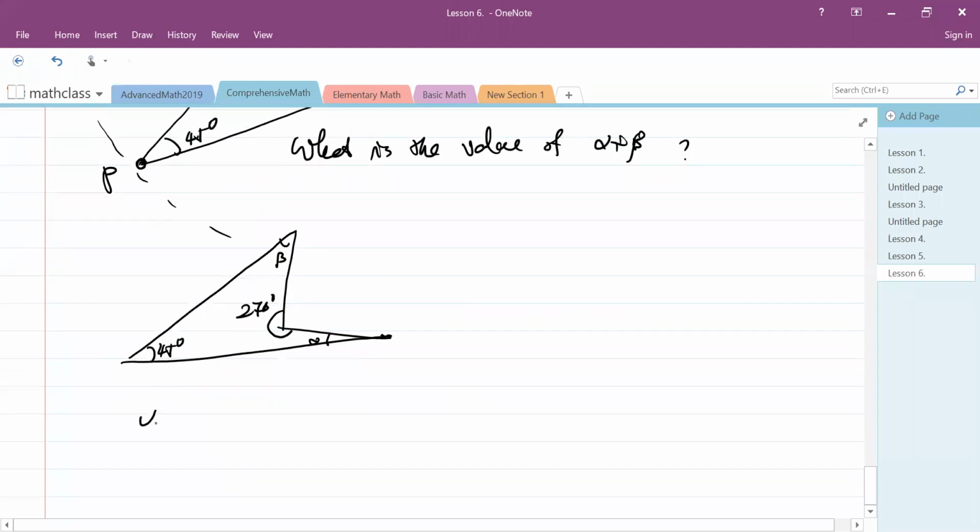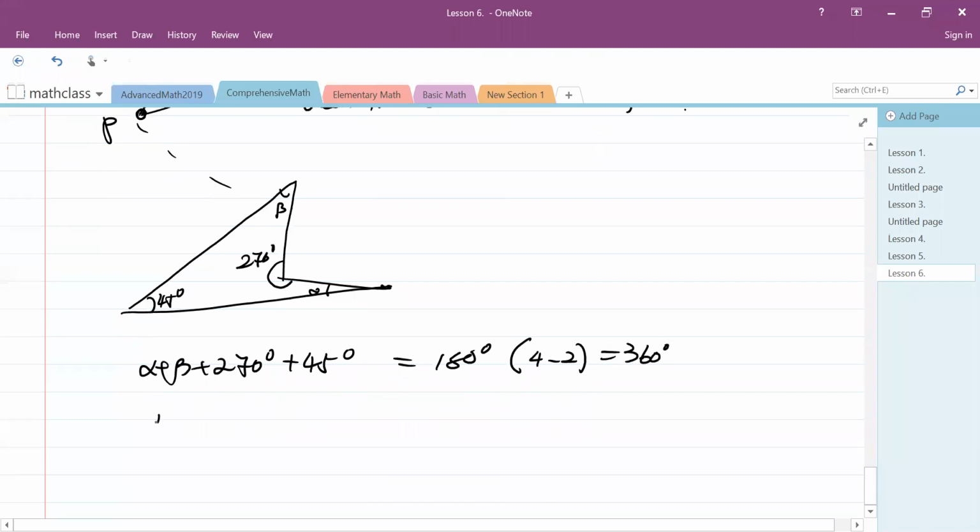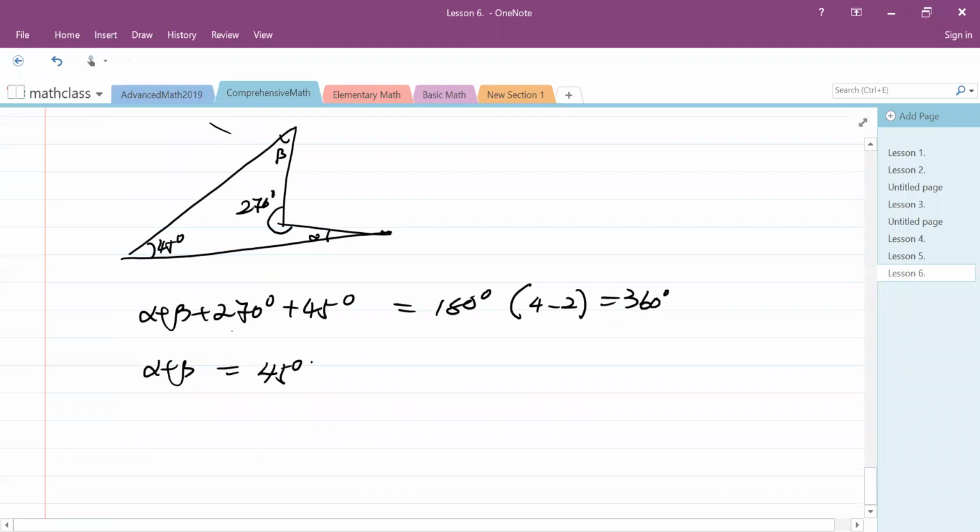The sum of these angles is 180 degrees times (4 minus 2) because n equals 4, so it's going to be 360 degrees. That's the formula you're going to use. Then alpha plus beta is going to be 360 minus 270, which is 90. 90 minus 45 is going to be 45. So that's always a constant.